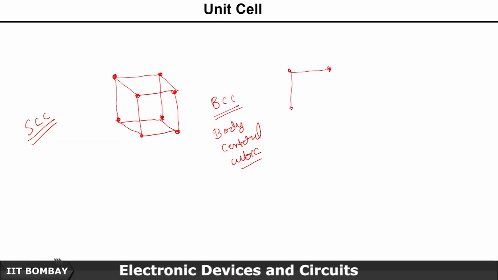There is only one addition. The only difference is that you have one more atom in the body center. That's why it is BCC, and these are connected to these ones.